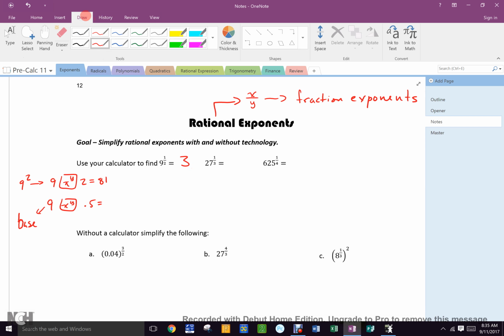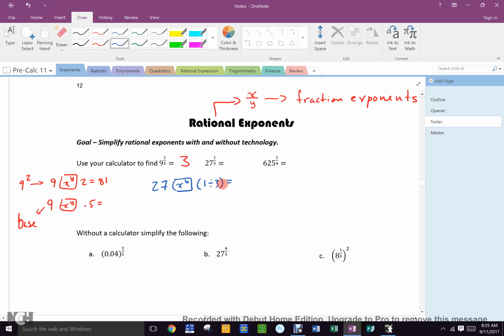Now the reason I said I wanted you to check out your calculator for the middle one is because 1/3 isn't a decimal that works very well on our calculator, is it? You don't want to hit 0.33333 1,000 times. So to do fractions that give you a repeating decimal, you still do the base, you still do the x to the y button, then you do bracket, 1 divided by 3, close brackets, then equals.